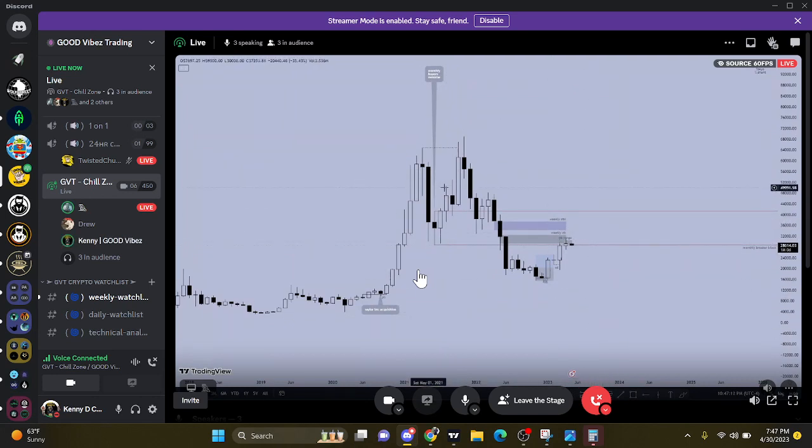If the world market is going to crash, this is what's called a breaker. It builds liquidity. Stops are here. Sellers put their stops there.